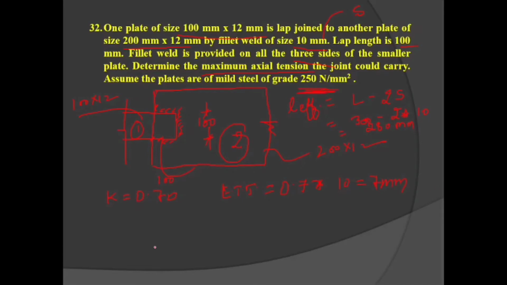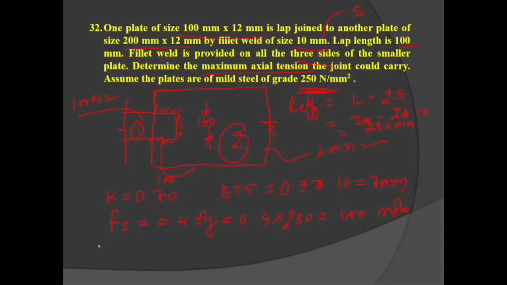We know the formula of permissible shear stress, that is 0.4 Fy, that is 0.40 into 250 megapascal, that is 100 megapascal. The Fs value we have. Now the strength of weld, the tensile strength, we can easily calculate with the same formula.